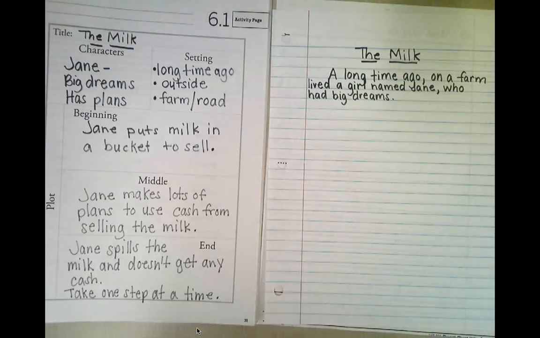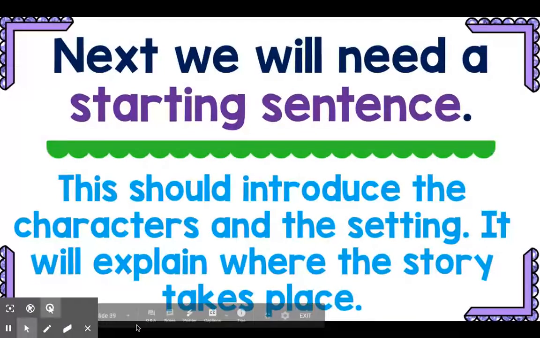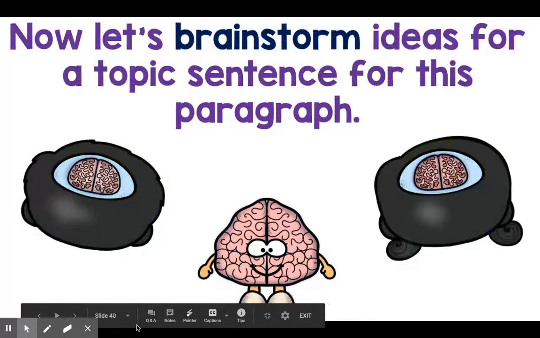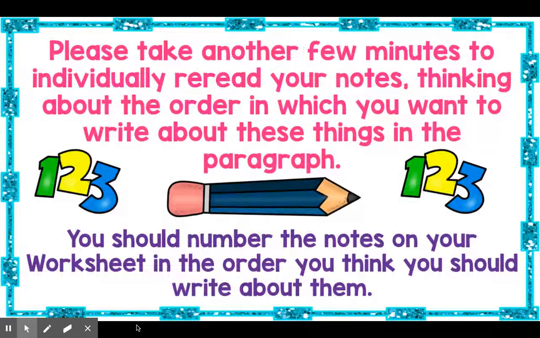Now I'm going to go back and look at my next part. I bet it's going to have me put in the beginning. Now let's brainstorm ideas for a topic sentence for this paragraph. Oh, well, I already brainstormed. That was my planning page, so we already checked that off. Now we're going to take another few minutes to reread our notes and think about the order in which we want to write about these things in the paragraph. You should number the notes on your worksheet in the order you think you should write about them.